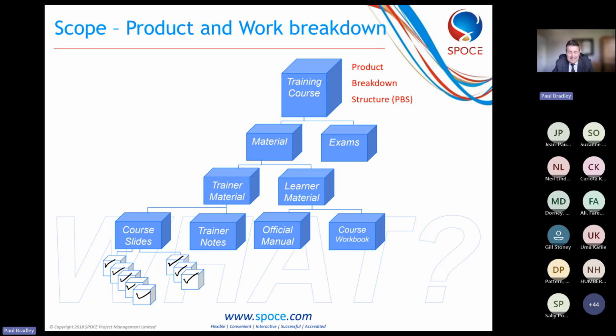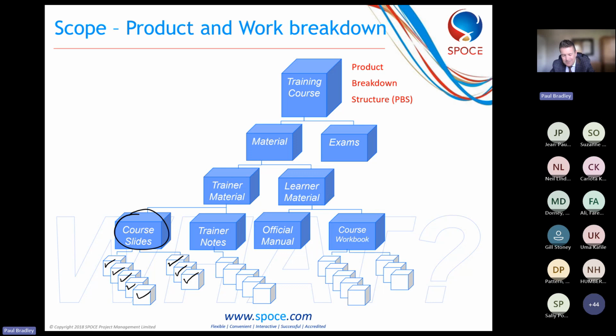Good, so that's activities. And if I complete those activities, they give me my course slides. Fantastic. So it's a work breakdown structure. And I can do that for each of those bottom level products, as you can see there. Works really well.